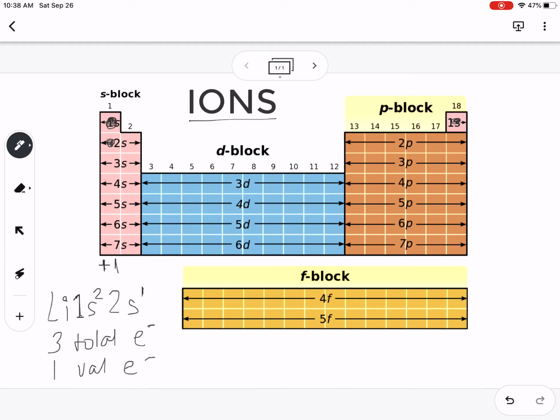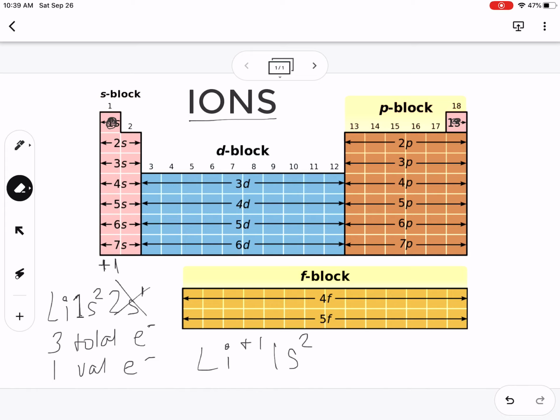So when lithium becomes its ion state of +1, it has 1 less electron. So that means it's getting rid of this electron here. So we just rewrite that as 1s2. We got rid of that extra electron. So now when you look at it, that makes sense. It's 1s2.